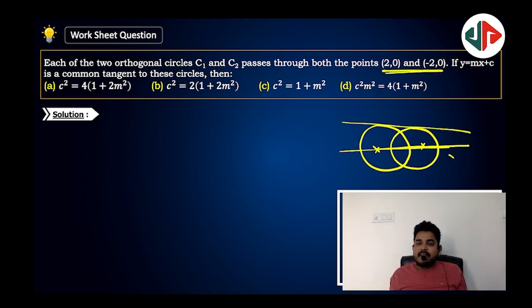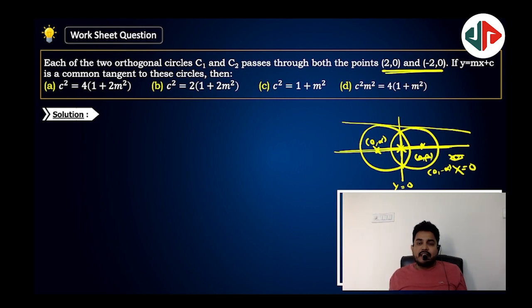So this is the equation y is equal to 0, and this is the equation x is equal to 0. So the centers on this one are 0 comma alpha and 0 comma beta. Midpoint is this one, so I can write it as 0 comma minus alpha.